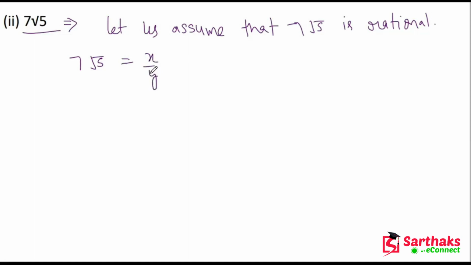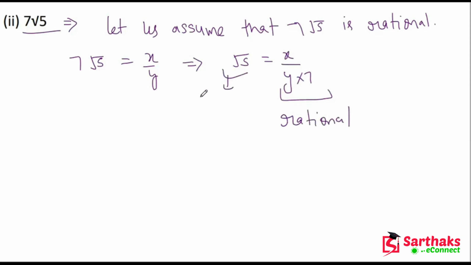Now root 5 equals x upon 7y, because 7 goes to the denominator. Now this term is rational and root 5 is irrational. This contradicts our assumption, so 7 root 5 is irrational.